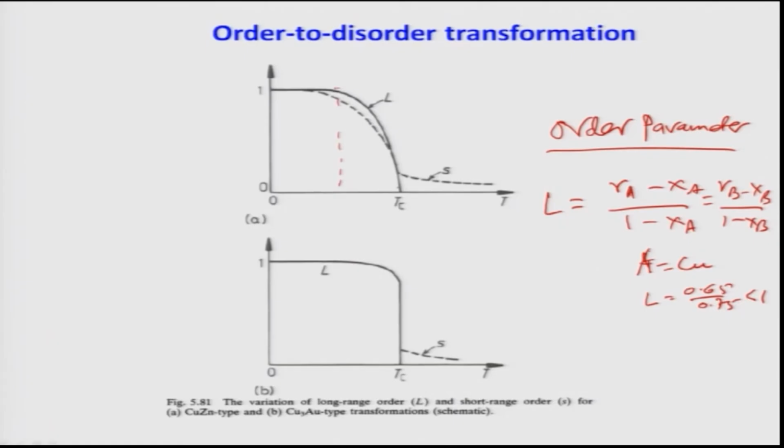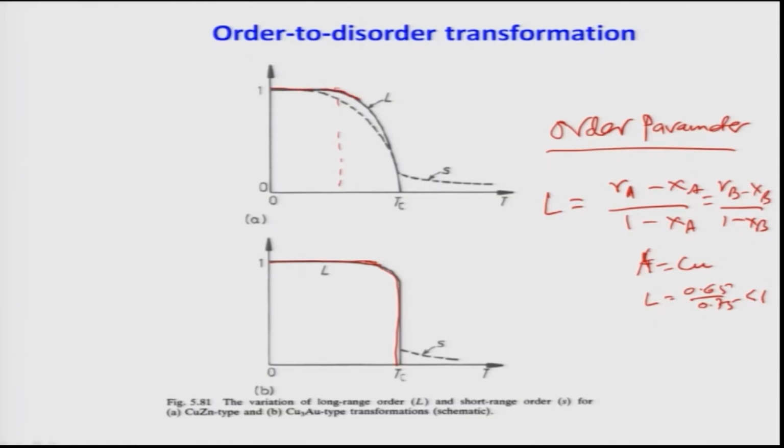On the other hand, in the case of CuZn it happens differently. In Cu3Au it happens exactly like this: the order parameter maintains a value very close to one up to very close to Tc, and then at Tc it drops off drastically. But in the case of copper zinc, which is a B2 ordered structure, the order parameter decreases slowly.